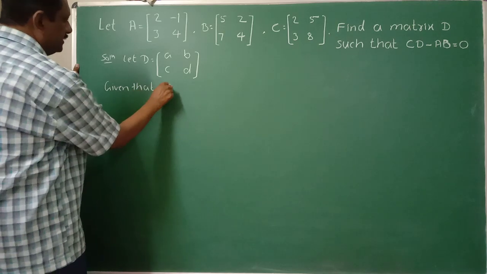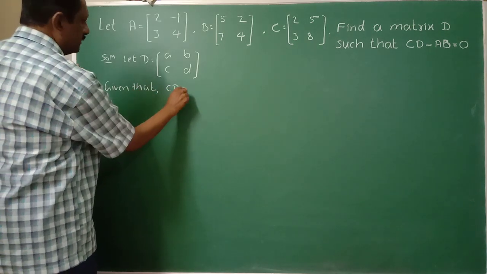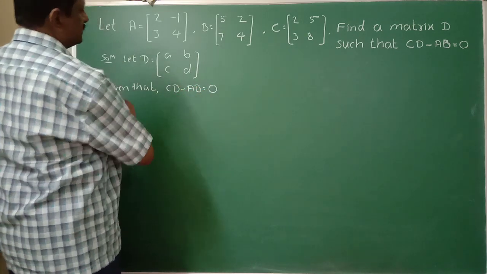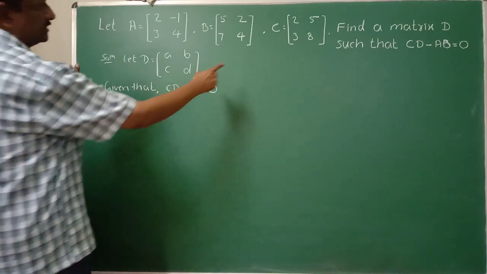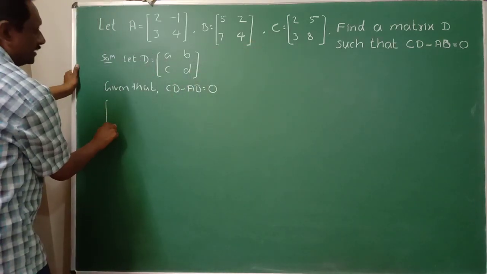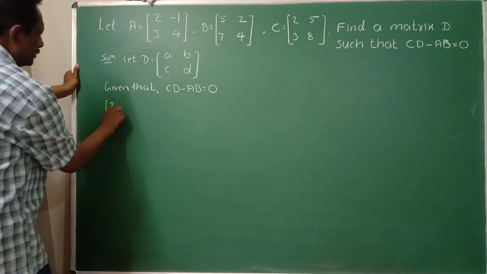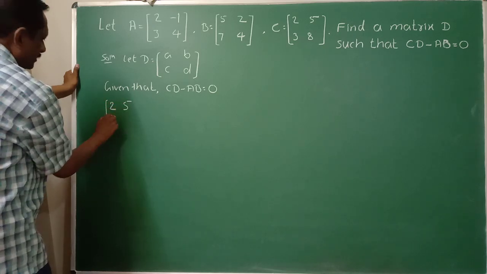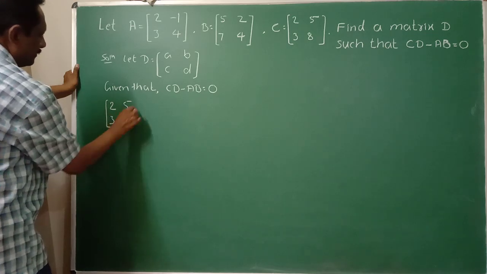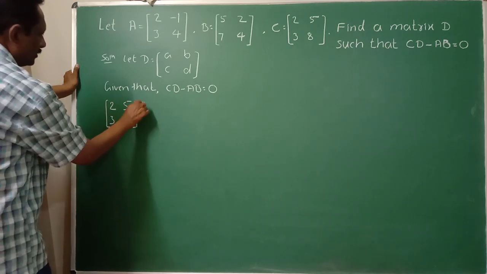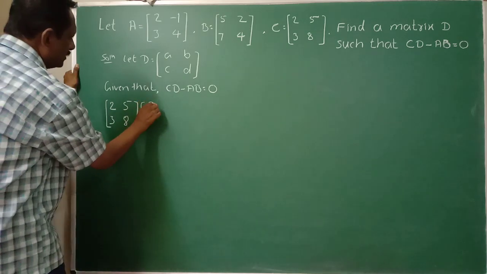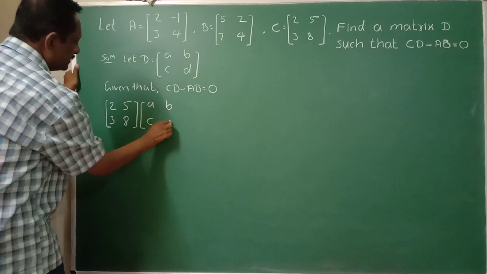Given that CD minus AB is equal to the null matrix. So matrix C is this: in the first row the elements are 2, 5, and then 3, 8, into the matrix D, which is a, b, c, d.